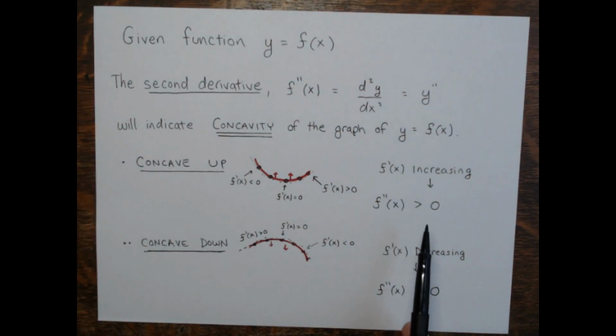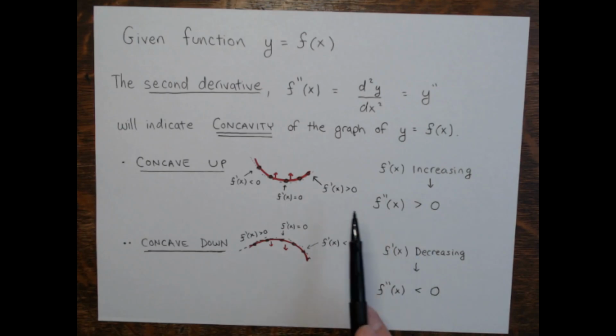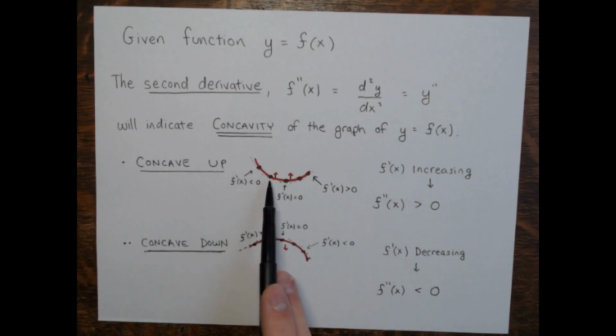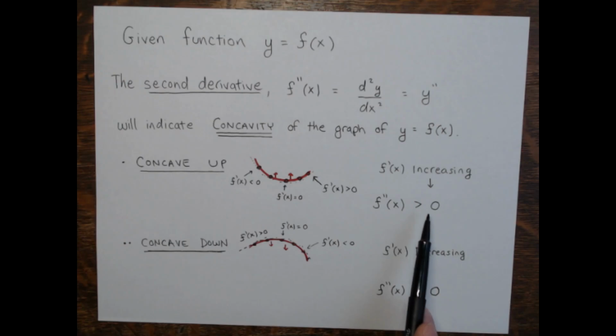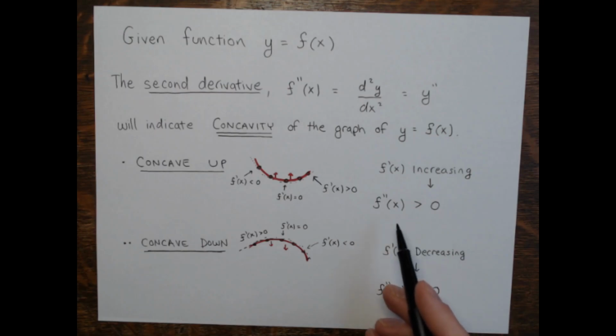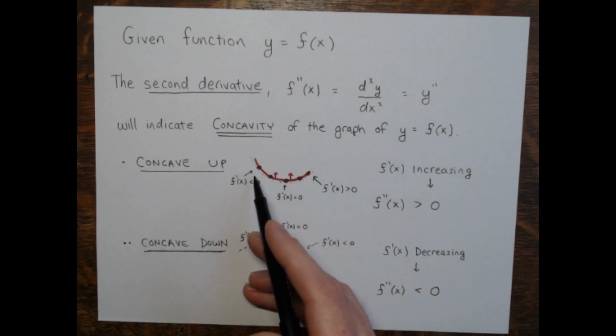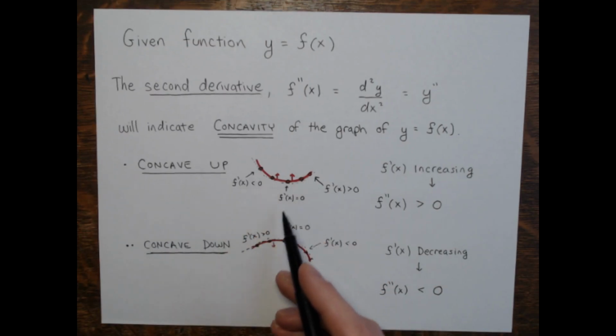Okay, so that's how we're going to determine, using the second derivative, where a function is concave up, curling up: it's where its second derivative is positive. And where a function is concave down, or curling down like this, it's where the second derivative is negative. So again, the first derivative of a function tells you where it's increasing or decreasing, going up or down. And the second derivative tells you which way it's curling, concave up or concave down.